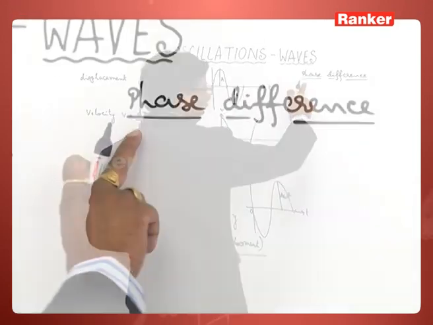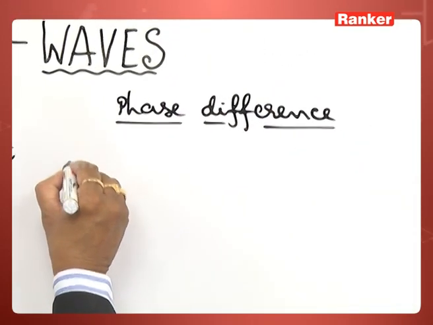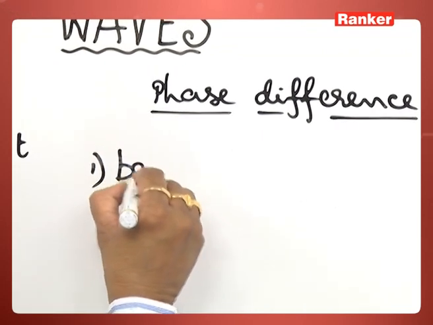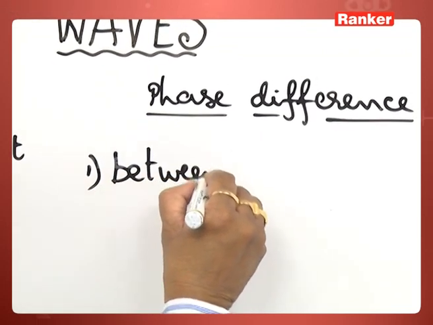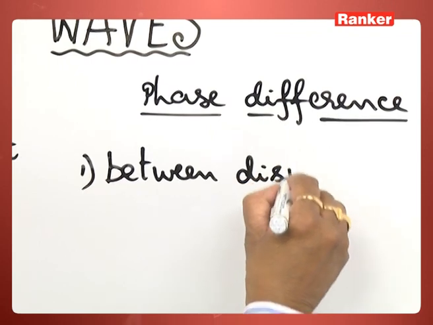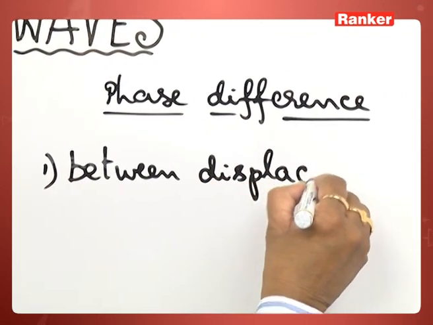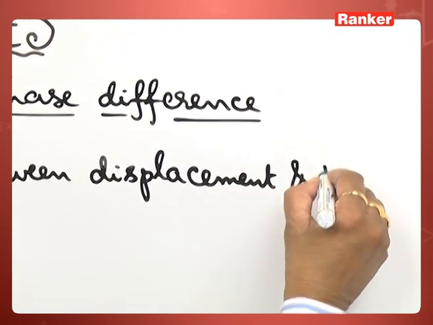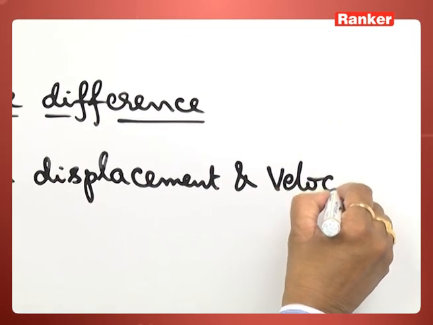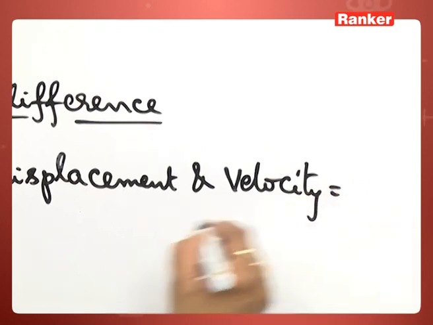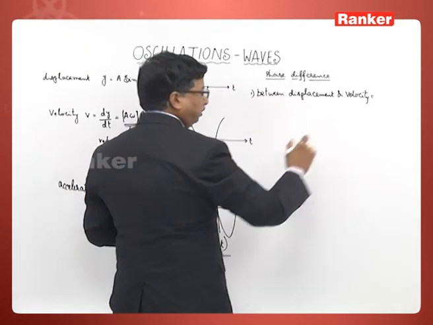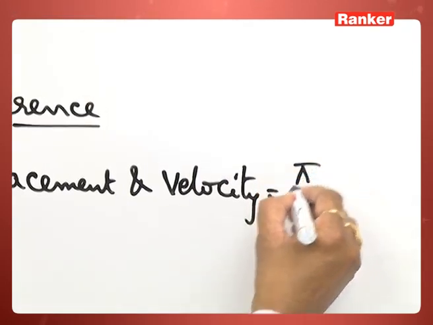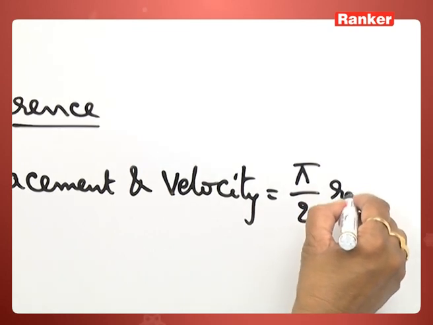So, we now can write the phase difference, first one, between displacement and velocity. How much is it? It is pi by 2 radian.